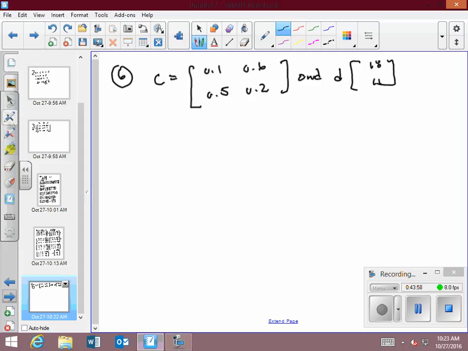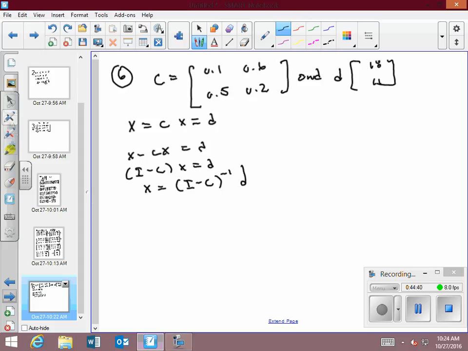So what they're saying is this: if we got this production, and then we move that over, it's x minus cx equals d. Then I minus C x equals d.